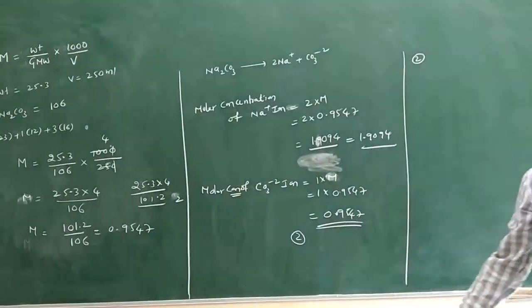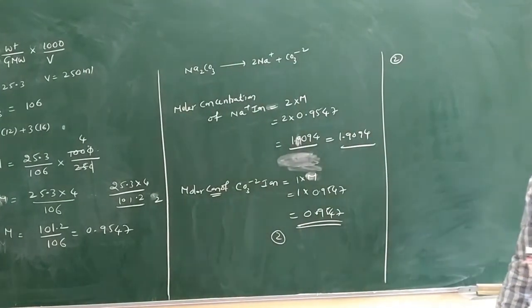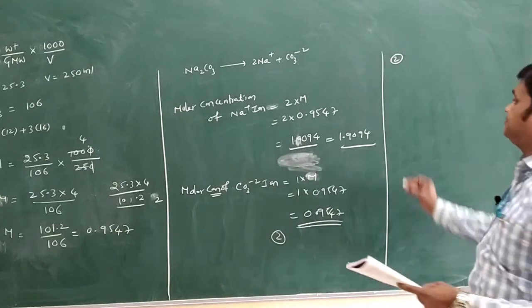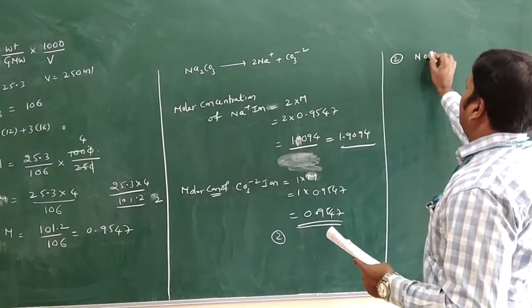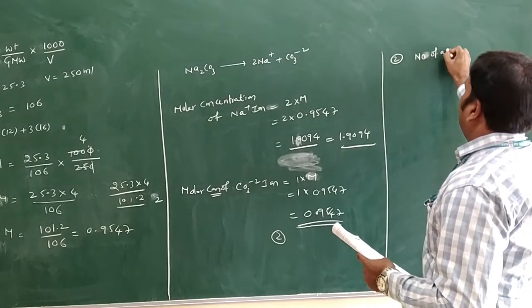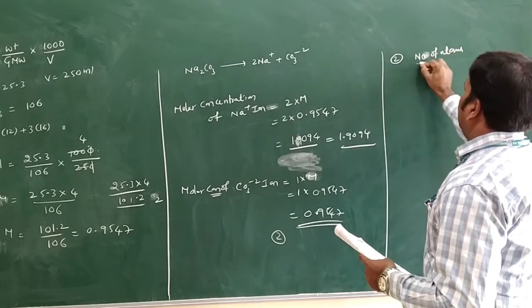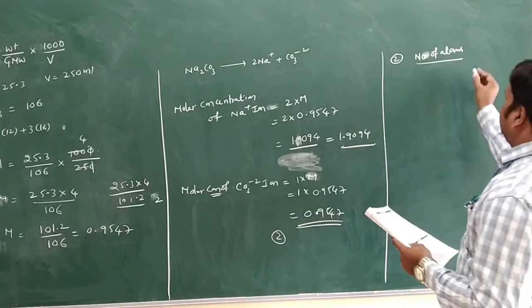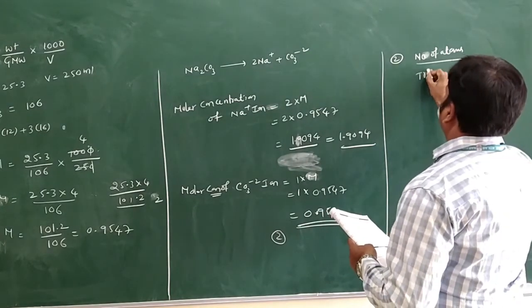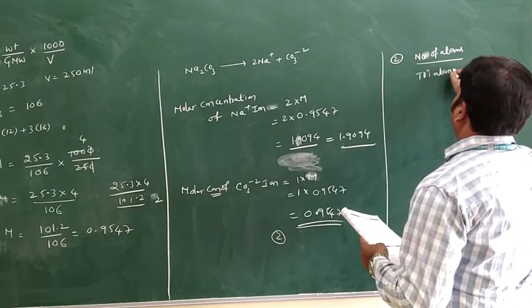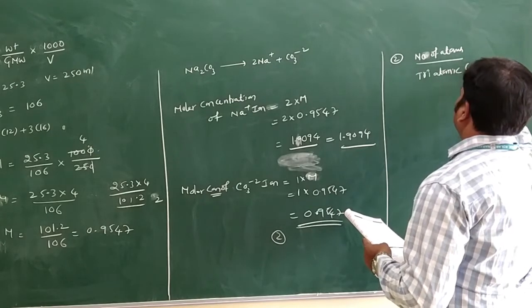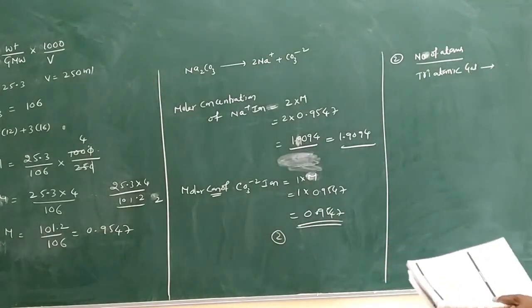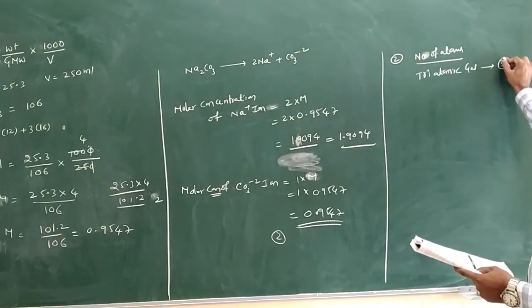See the second question we have. The number of atoms in 0.1 mole of a triatomic gas. They are asking for the number of atoms. A triatomic gas means you will take 3 atoms.